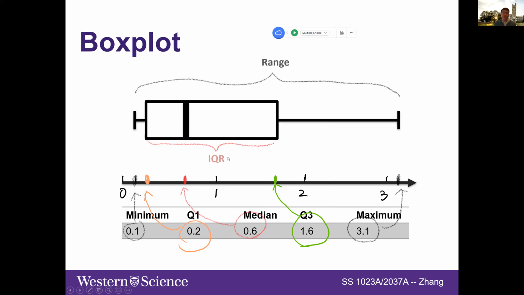As we mentioned in the previous lecture, this range helps us recover how our data set is spread out. If we have a wider range, then we would expect a larger standard deviation, and if we have a smaller range, that means our data set could have a very small standard deviation.